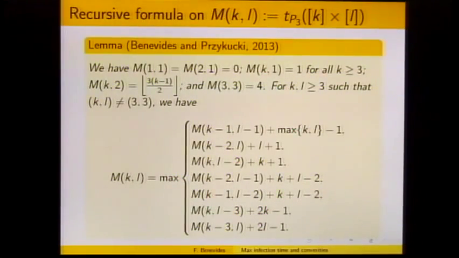The reason is, if I grow 2 units, and then 2 units, and then 2 units, I end up gaining something like 3 times L, more or less 3 times L plus 1.